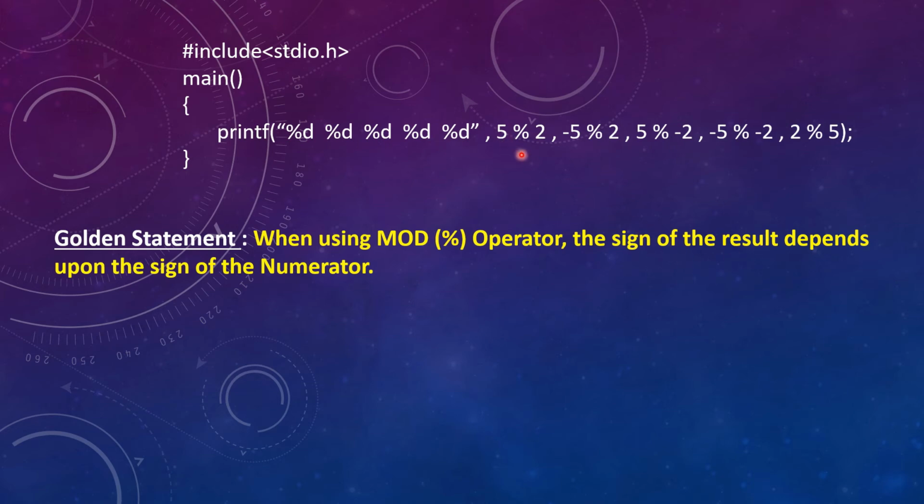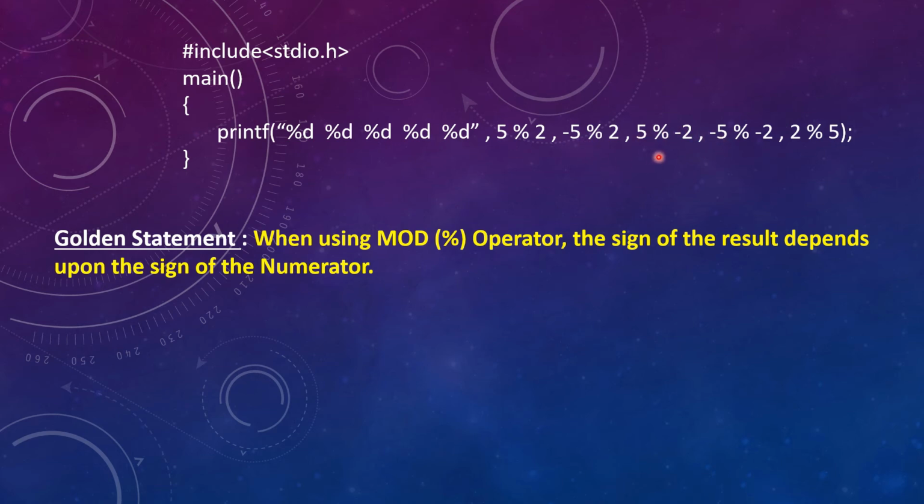Like you see here, 5 mod 2, the remainder is 1. Now what about the sign? Just check the numerator sign. The sign of 5 is plus only, right? So the answer will be plus 1. So similarly we write 1, okay? Like here, minus 5 mod 2, the remainder is 1, right? 5 mod 2, the remainder is 1, but the sign is minus.